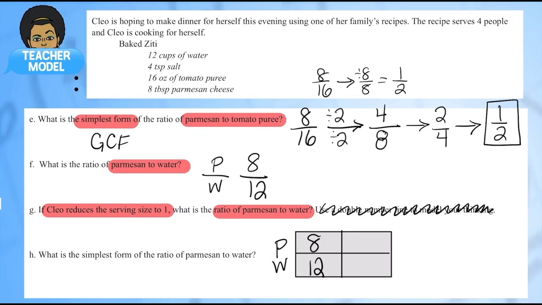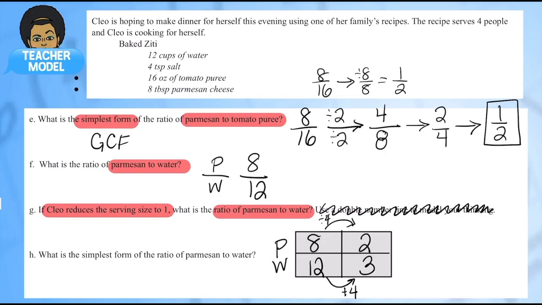I'm reducing it from 4 servings to 1. So I'm dividing both. My pattern is to divide by 4 and to divide by 4. So 8 divided by 4 is 2. 12 divided by 4 is 3. So our table is done.